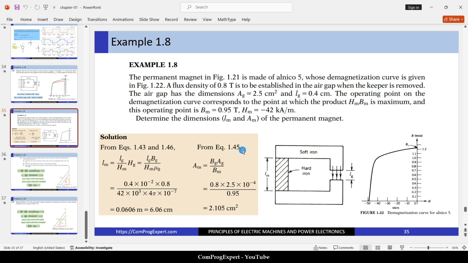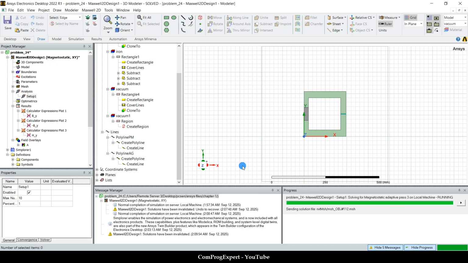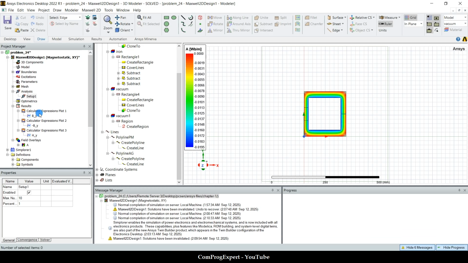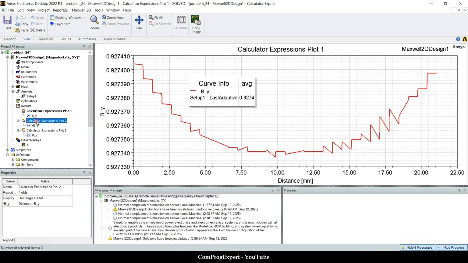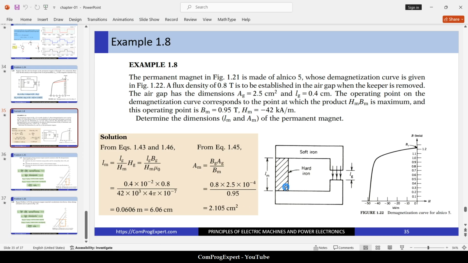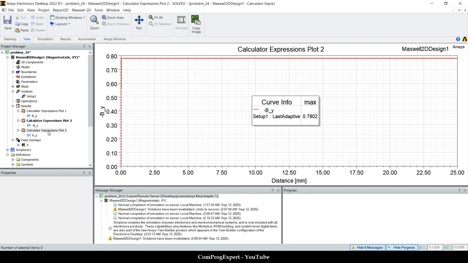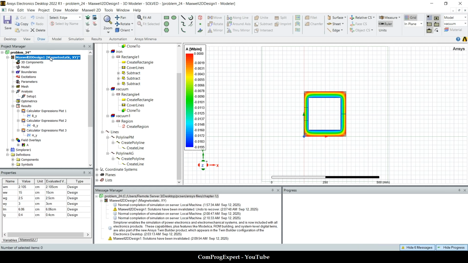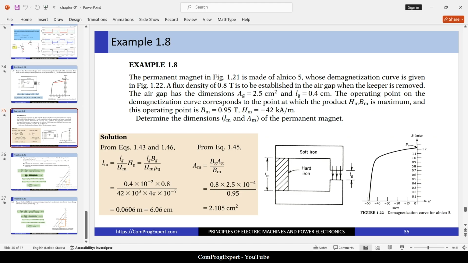In the next chapter we will discuss leakage flux in the model of the transformer, but here I just wanted to explain why you cannot get these two numbers when you solve the problem numerically in the software, because in that model you didn't consider the effect of the leakage flux, and as you can see here, these numbers are now close to what we have.